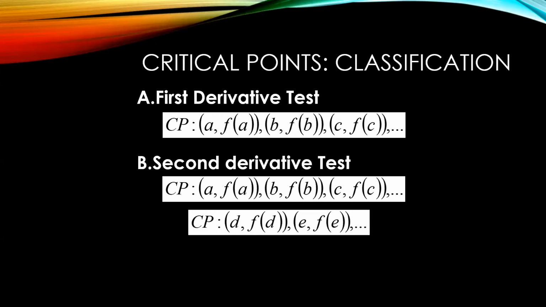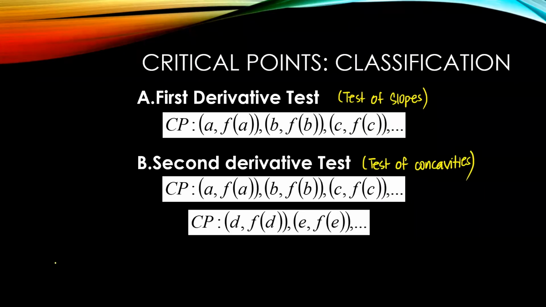So how do we classify this? There's what you call the first derivative and second derivative tests. Take note that the first is a test of slopes, and the second is the test of concavities.